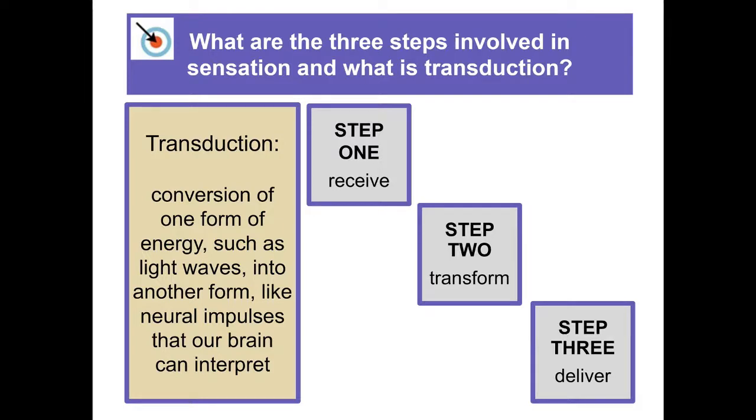Another thing is to understand where in each of the sensory centers this transduction is actually occurring. In other words, where is the transformation taking place? In the eye system, the ocular system, transduction is taking place in the ocular nerve.